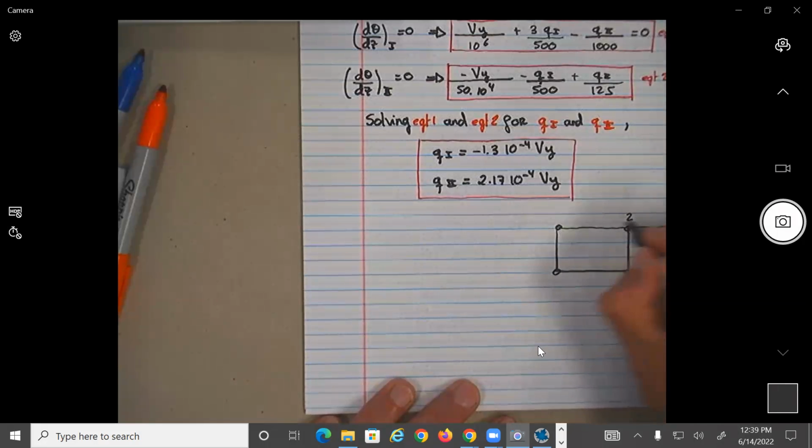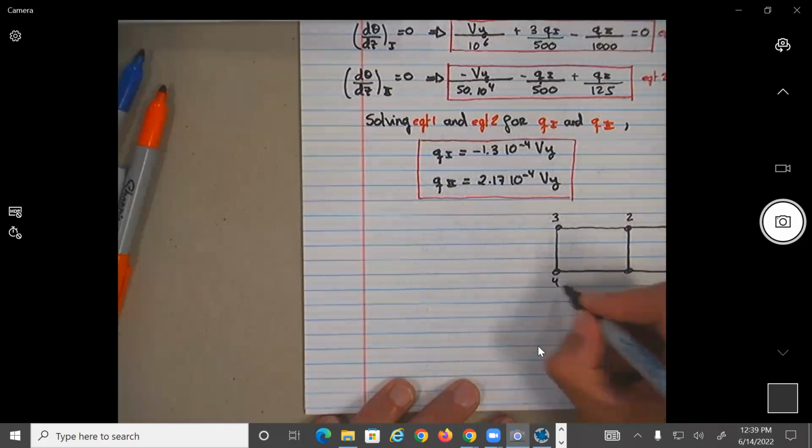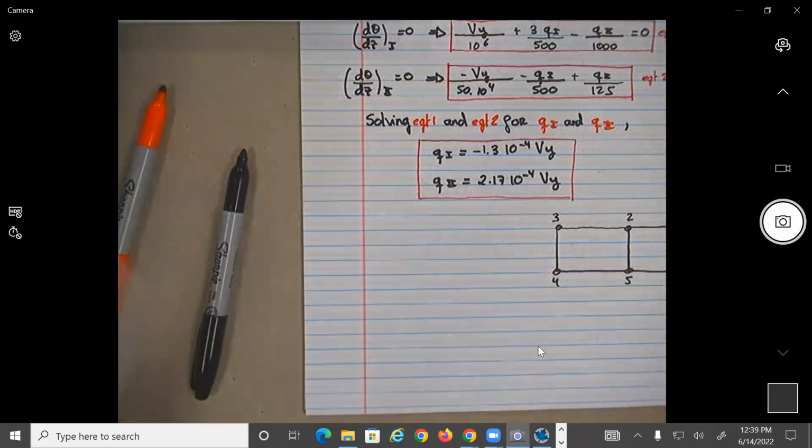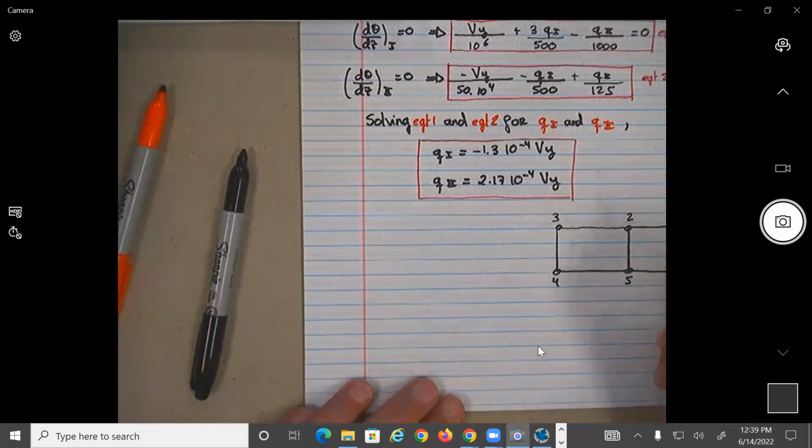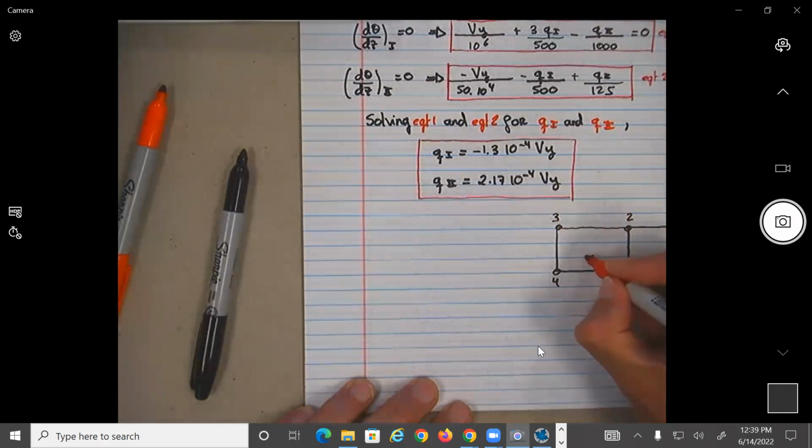One, two, three, four, 5, 6. So from this result, Q1 at the end is going counterclockwise or clockwise? We got a negative value. So what does that mean? It goes clockwise, no? What is Q2? Q2 is positive. So that one is still going to go counterclockwise.